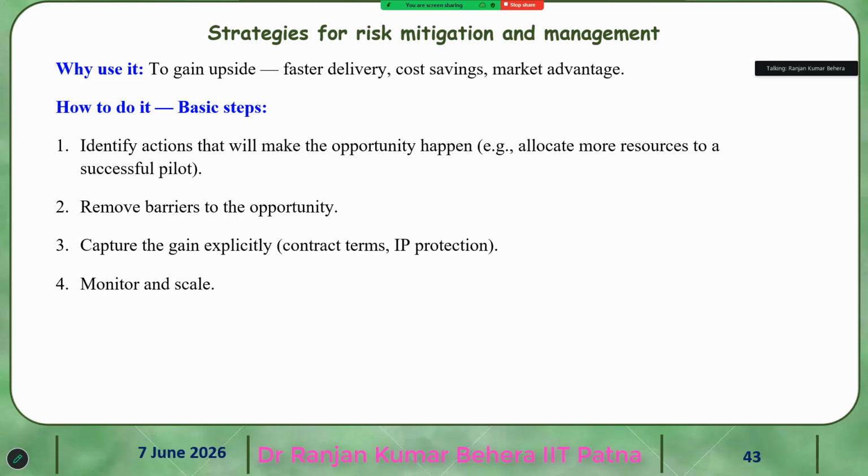There should not be any barrier. For example, sometimes we see that one oil is used instead of another oil. So sometimes we get this little barrier. So remove that, capture the gain explicitly, and also the contract terms, IP protection, etc. Then monitor and scale.